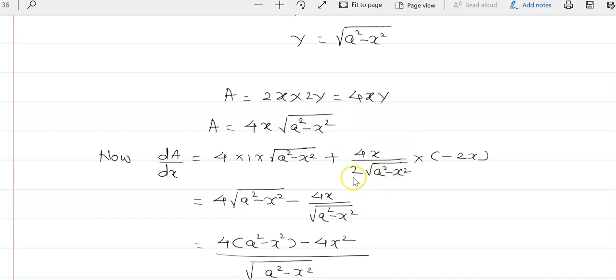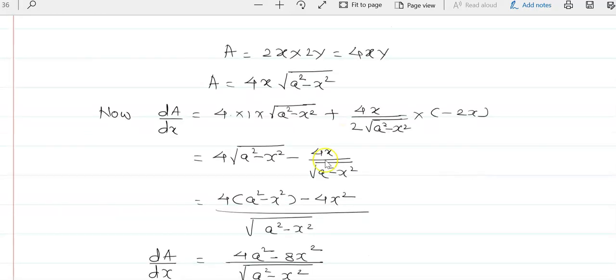That is 1 upon 2 times root of a square minus x square into d/dx of (a square minus x square). The derivative of a square is 0 and of x square is 2x, that is minus 2x here. And again, if you simplify it, then you will get 4 root of a square minus x square minus 4x square upon root of a square minus x square.